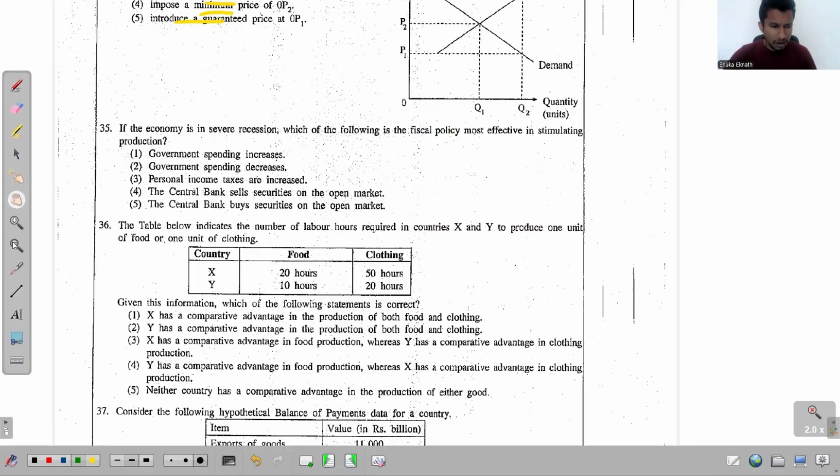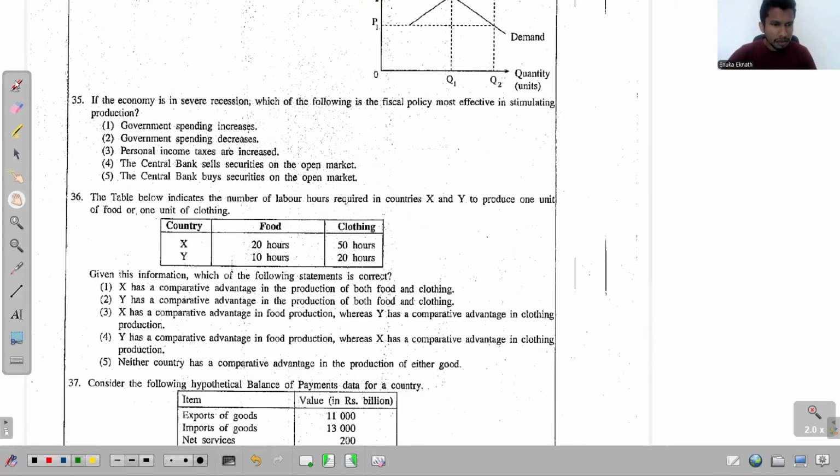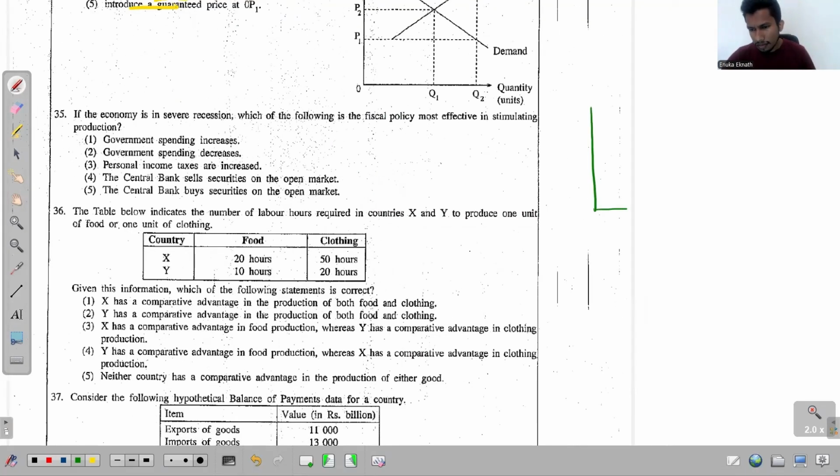So look at this business cycle first. So the government is trying to overcome the recession, which means they are here now at this stage of the business cycle.